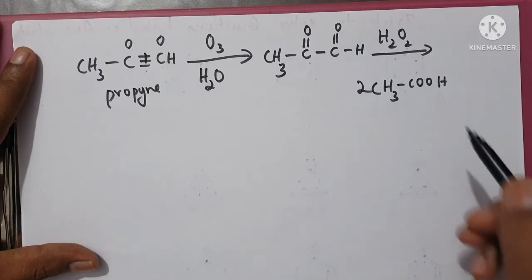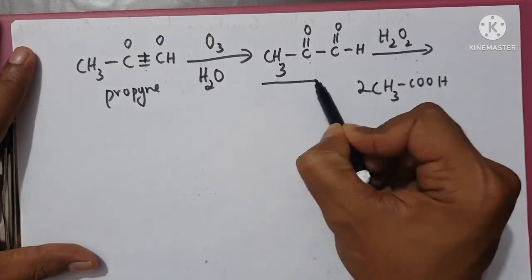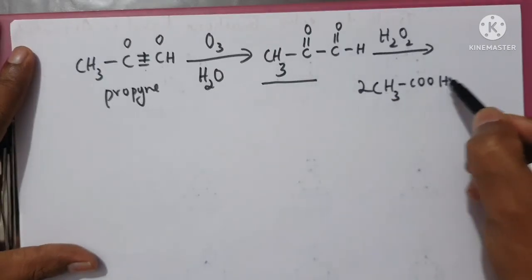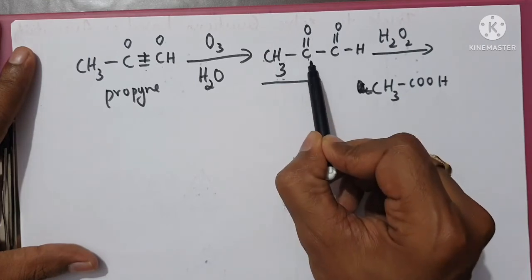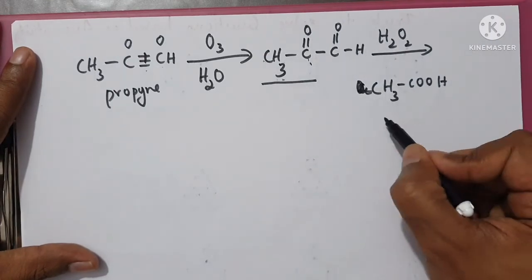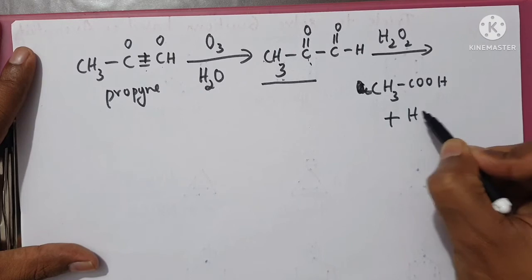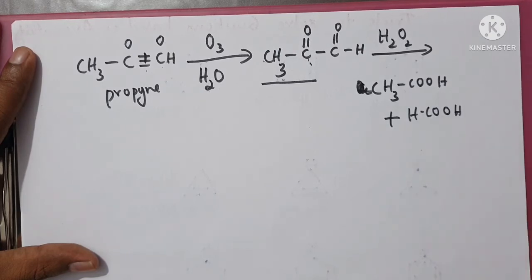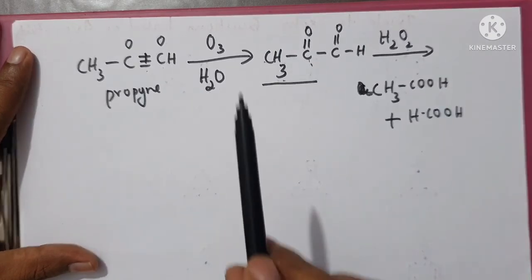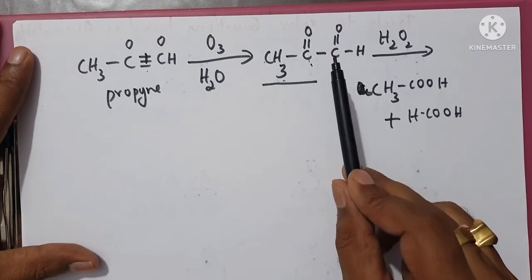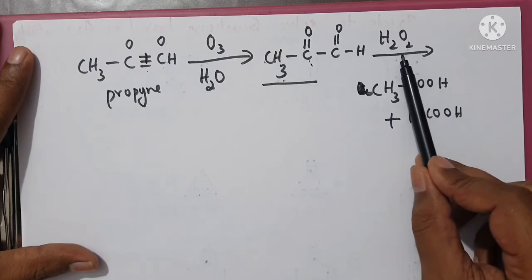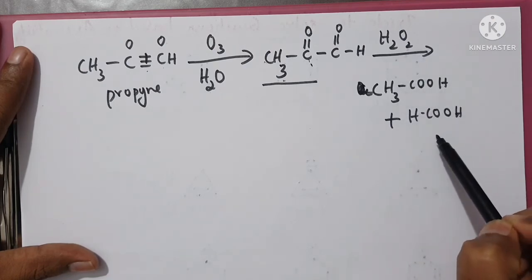Remember, 1 time CH3COOH is formed. The other one will be formic acid. So if you observe, when I take only water, it forms a ketone which will be further oxidized by the hydrogen peroxide to carboxylic acids.